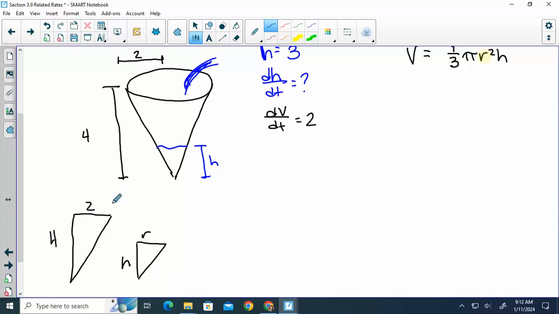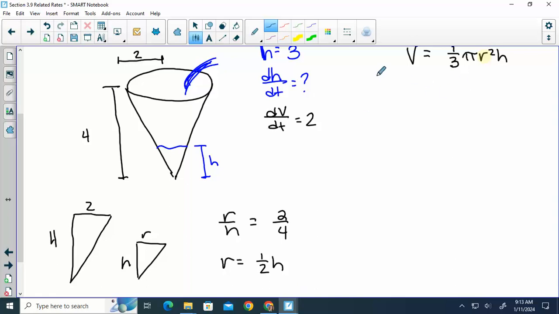We could set up a proportion, couldn't we? Do you remember with similar triangles? Like you could say r over h would be equal to 2 over 4. We're trying to figure out what r is, so if you multiply over h, r is 1/2 h. So I didn't find the number for the radius, but I found a formula. The radius is always going to be half the height, no matter where we're at in this cone.